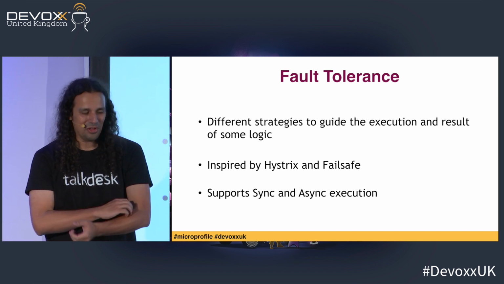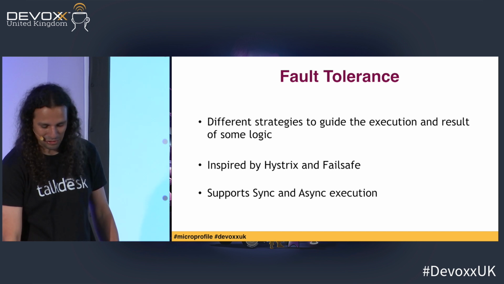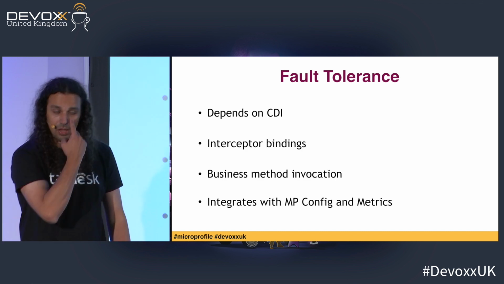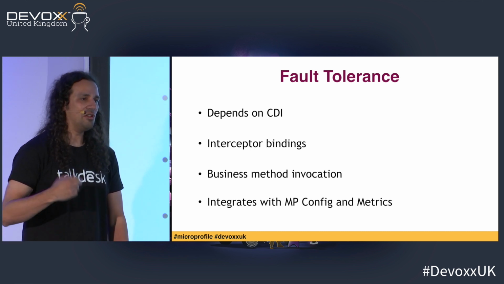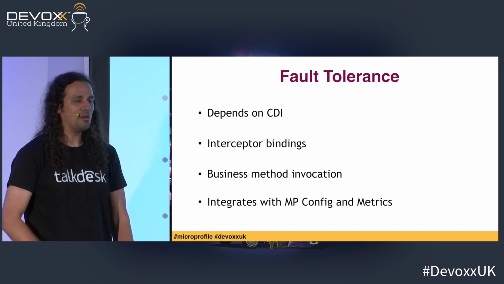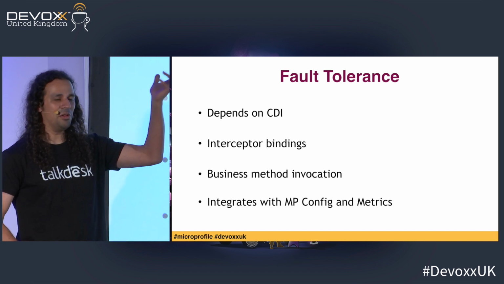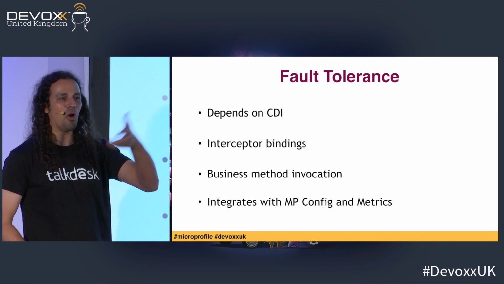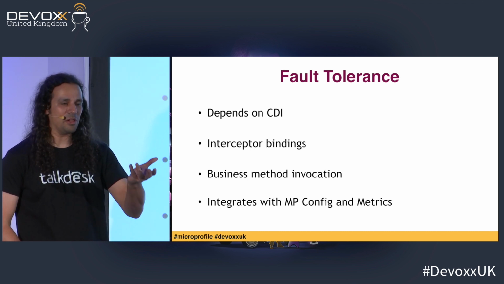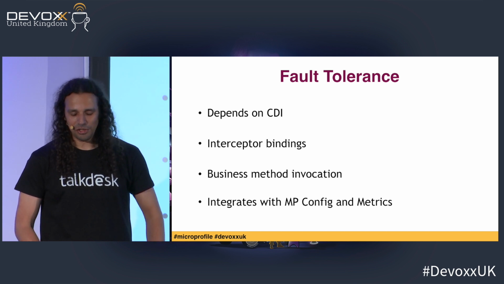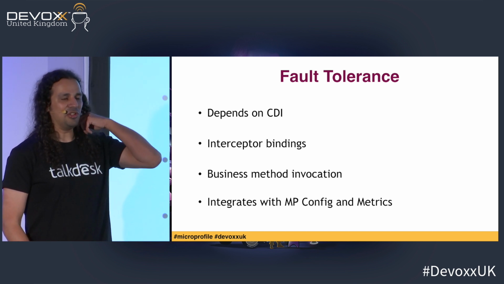So I'm going to show examples on all of that, and I'll try to go step by step on each one of them. Now, fault tolerance itself is heavily dependent on CDI, so unfortunately you're not able to use it as standalone. You do require a CDI environment to use it, because it uses interceptors to intercept what you're calling, and then apply the behavior on your method, on your business logic that you want to execute. But it does integrate with MicroProfile Metrics and Config.